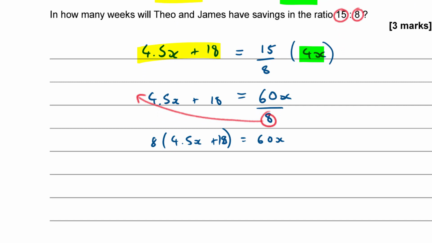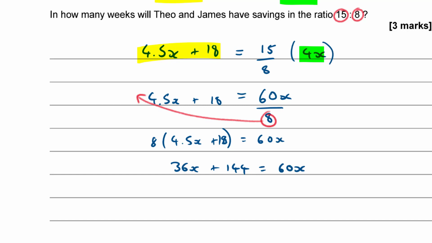Multiplying out the brackets, 8 times 4.5 is 36x, plus 8 times 18, which is 144. So I've got 36x plus 144 equals 60x.